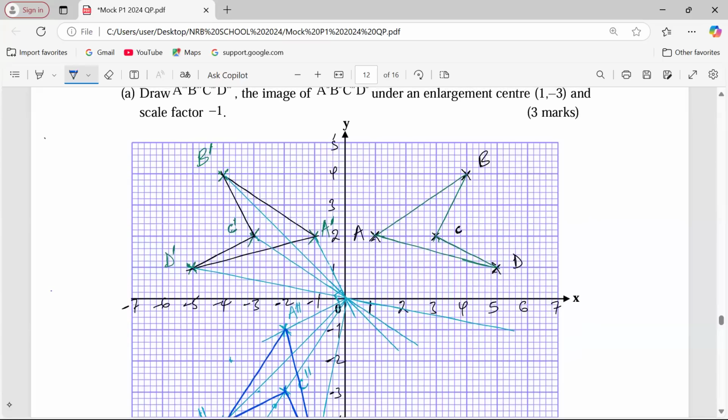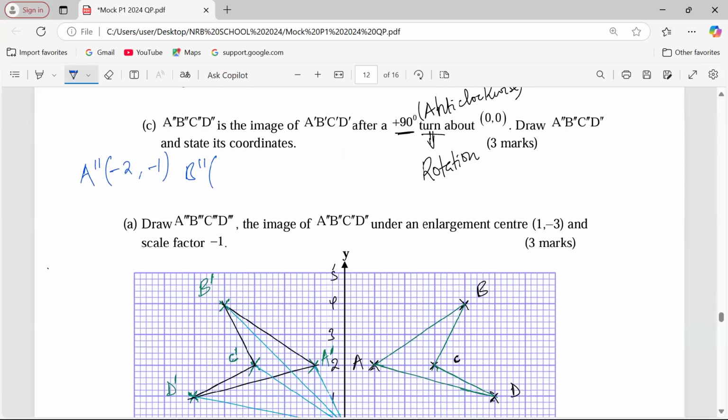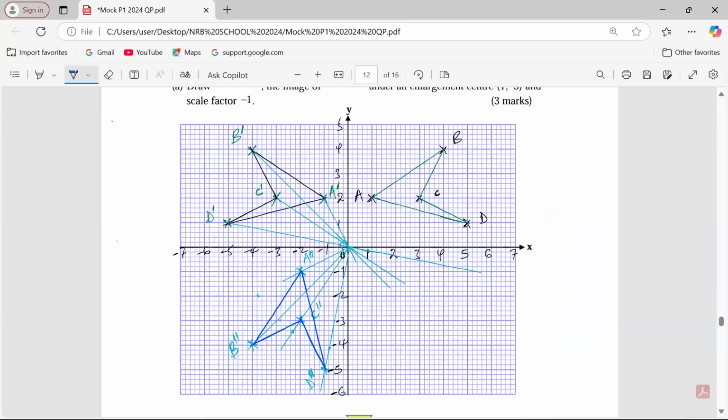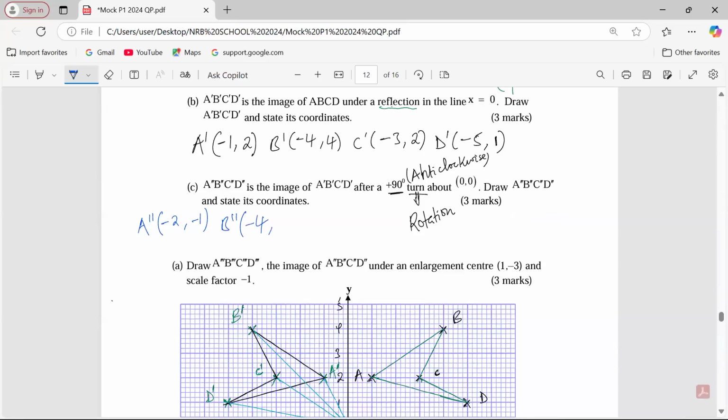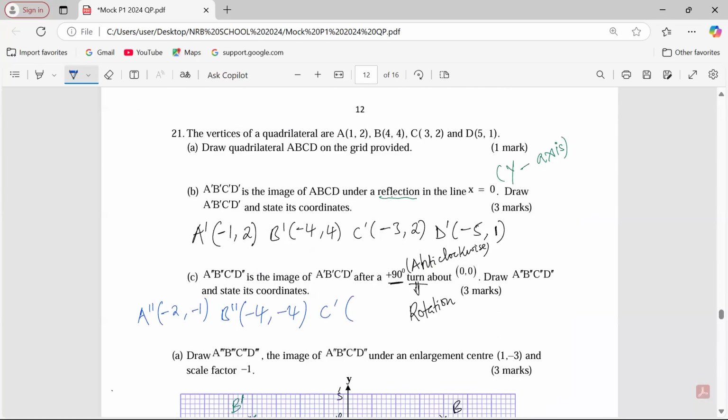For A double prime, I'm having -2, -1. Then for B double prime, let me check it. B double prime, this is -4, -4. Then for C double prime, I'm having -2, -3.